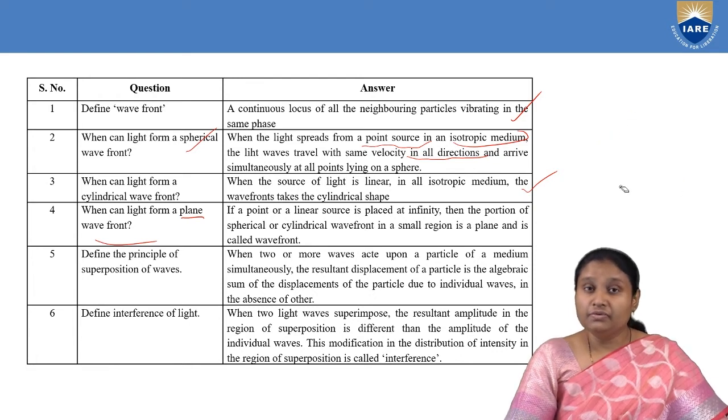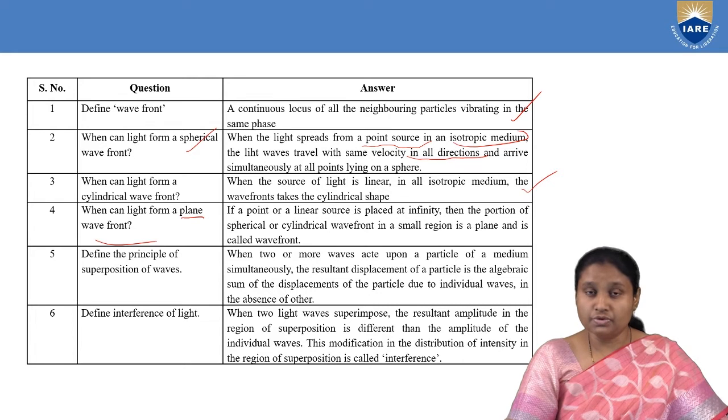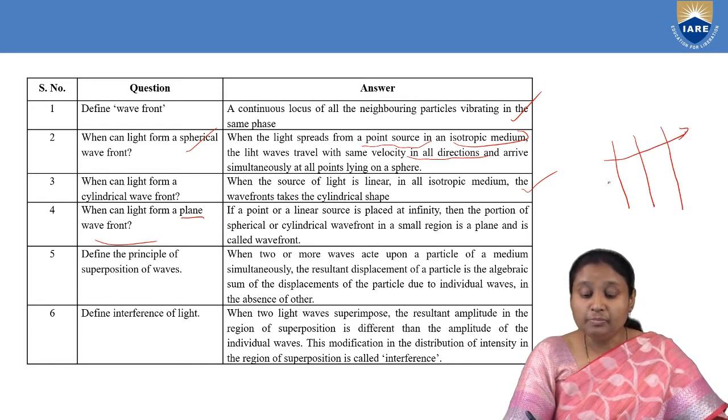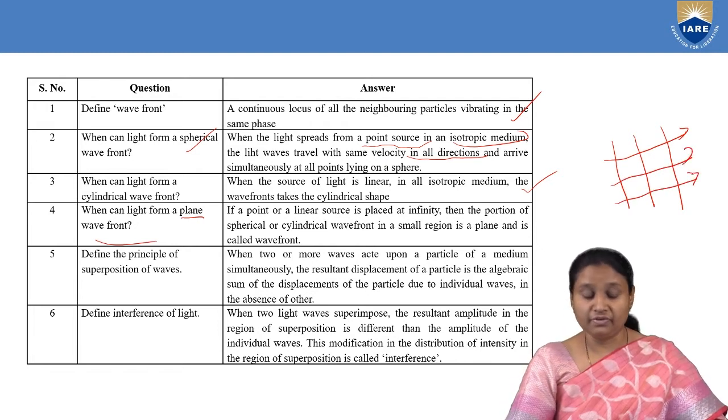So for that, it can be a point source or a linear source, and we have to keep it at infinite distance. Then what you will observe here is a very small portion of the spherical or cylindrical wavefront. So how do we represent this plane wavefront? It is represented like this. And what is the direction of propagation of light? It will be perpendicular to this plane, and such a wavefront is called a plane wavefront.